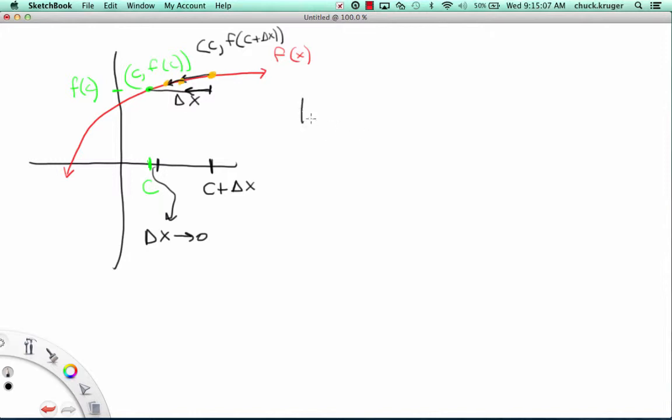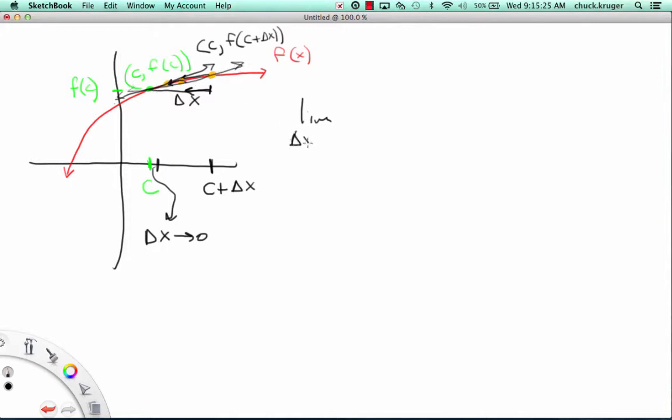So now my definition, and remember I've got this secant line, and I'll put it through that point right here. It was way over here, and now it's moving closer and closer.